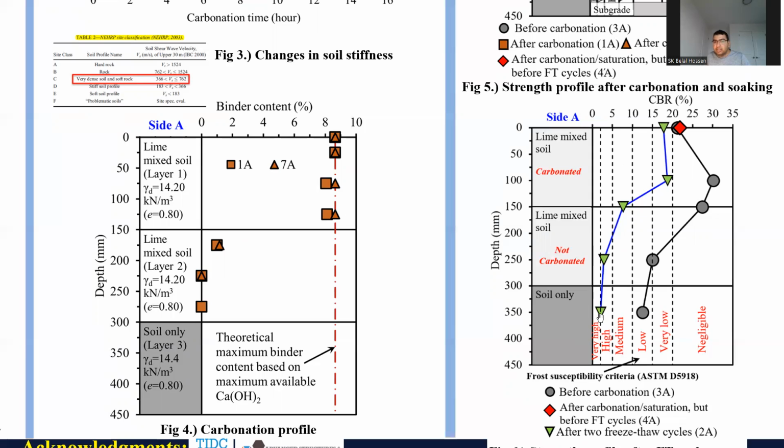The untreated soil that we mentioned in the beginning of this presentation, which is highly frost susceptible, was also revealed from the experimental results. As compared to this, we can clearly see that the CBR value of the carbonated layer remains 15 to 20, which shows the frost susceptibility of this cemented soil is very low.